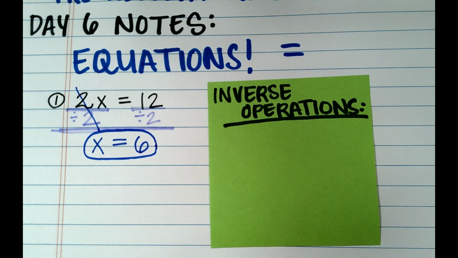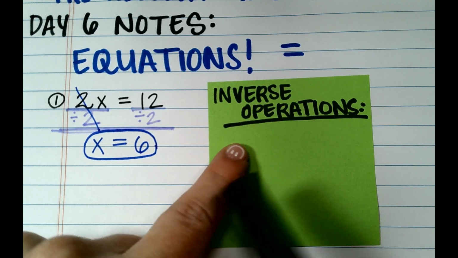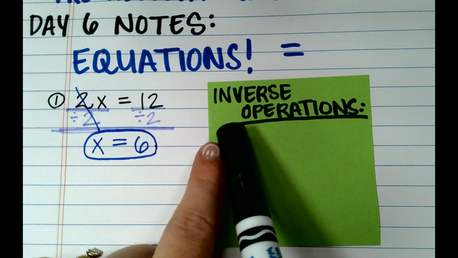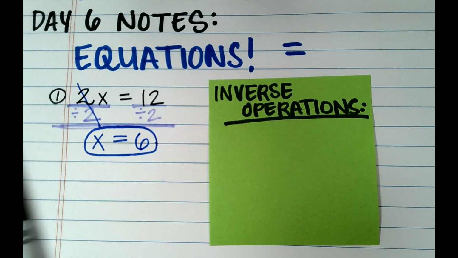Does anybody remember what inverse means? Opposite. Inverse means opposite. So what we're trying to figure out is the opposite of each of the things we can do to numbers or operations.